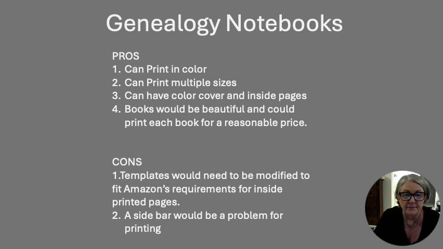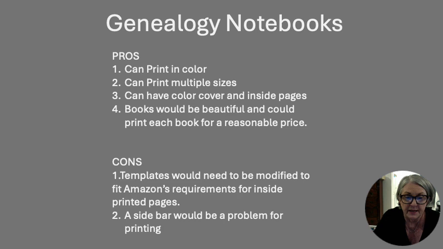And then the other thing that's really nice, you can print on multiple sizes. And with Amazon Direct Publishing, you can have a colored cover and black and white pages inside. Probably the low print book that she talks about would be the case.